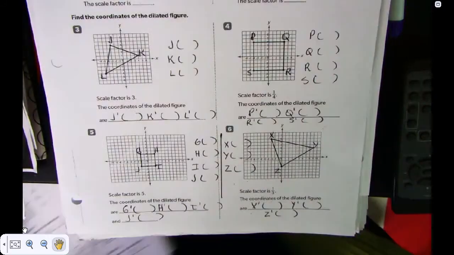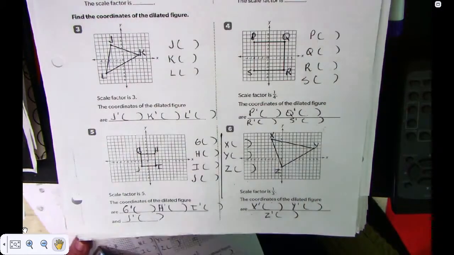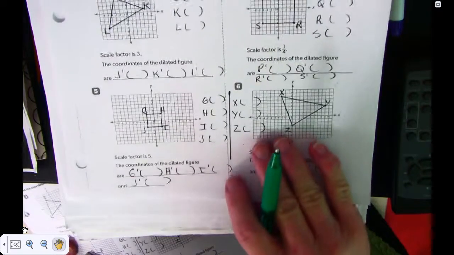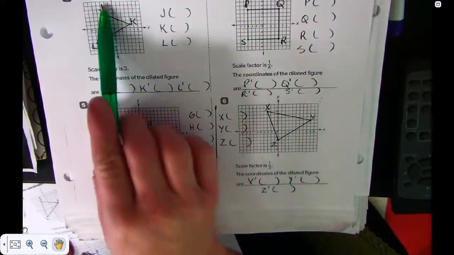And then on the dilation, check 11. Okay? On the first two, you're going to find the scale factor. On 3, 4, 5, and 6, I helped you out. And I had to label because they didn't label.